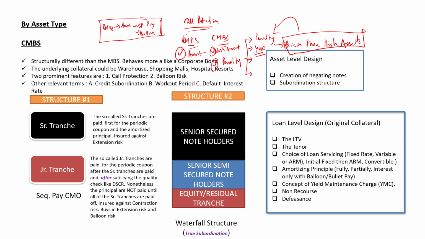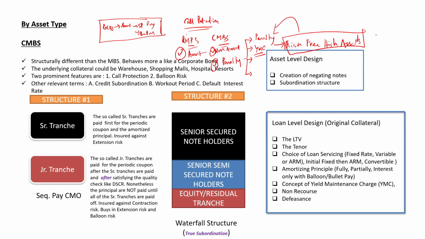There are a couple more things that we need to understand that differentiate between the CMBS and the RMBS. And that is something called the workout period and the default interest rate. Typically, in a CMBS structure as well, the risk of default is not mitigated because the risk of default is pertinent and relative to the borrower themselves.